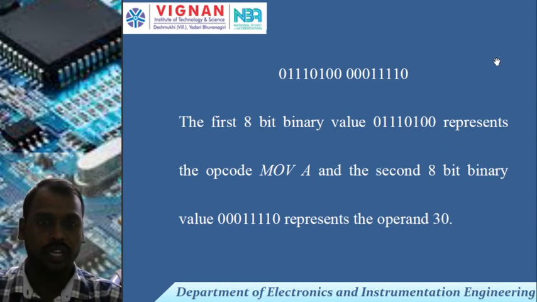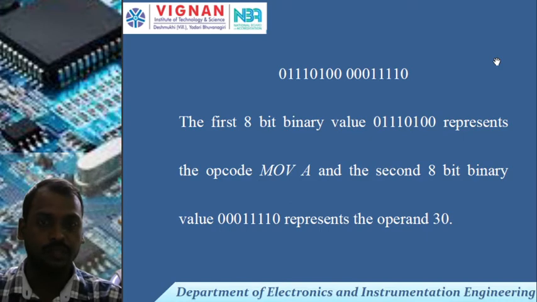For move a comma hash 30, move a itself is considered as binary information, 0 1 1 1 0 1 0 0, then 30 is 0 0 0 1 1 1 1 0. The first 8 digits indicate the move a operation, and the next 8 digits indicate the operand value 30. Like that only, machine language will understand.